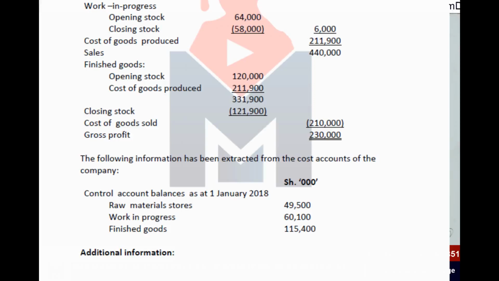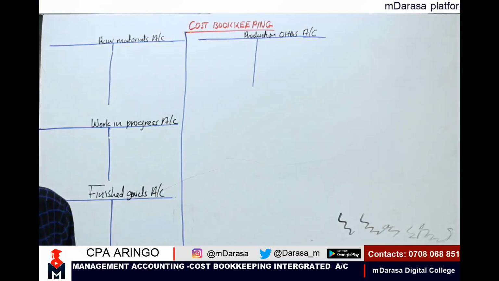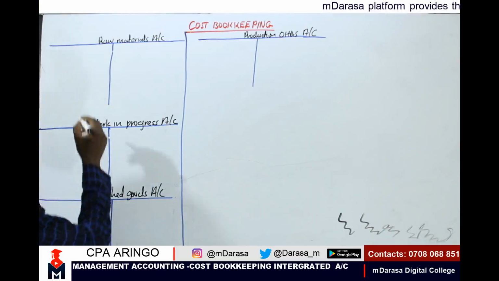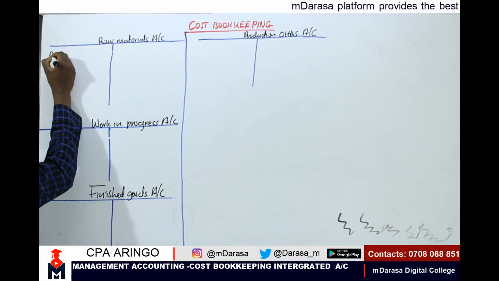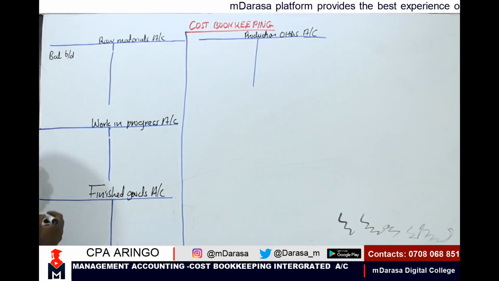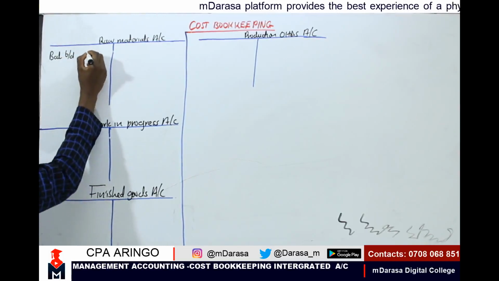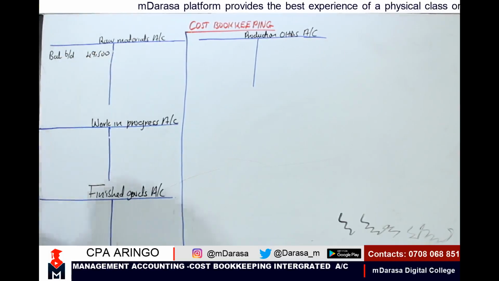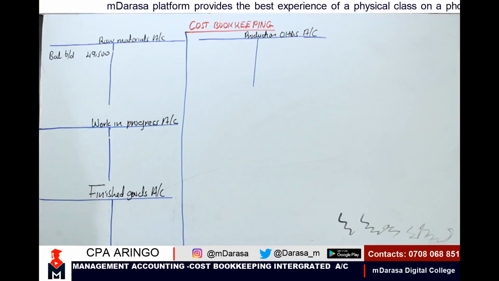So confidently I can come and have our balance brought down. For raw materials I'm given 49,500, the same figure that I was given there.